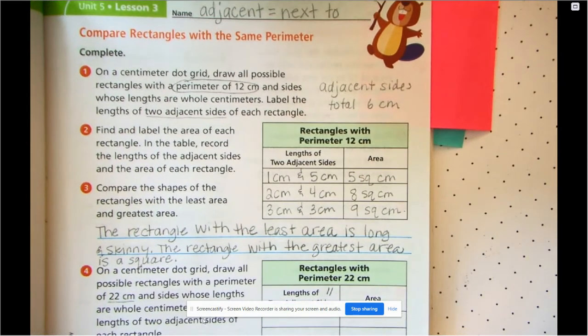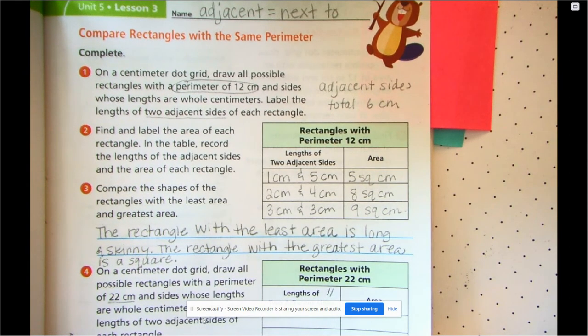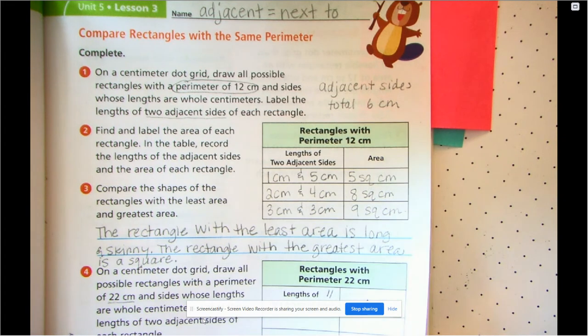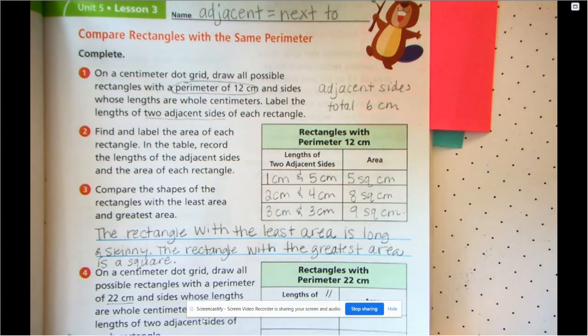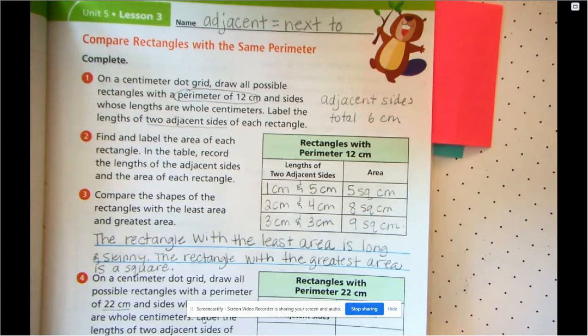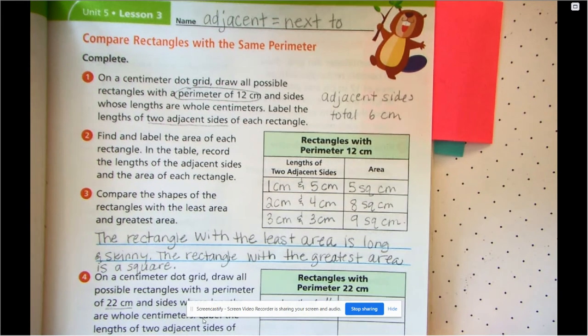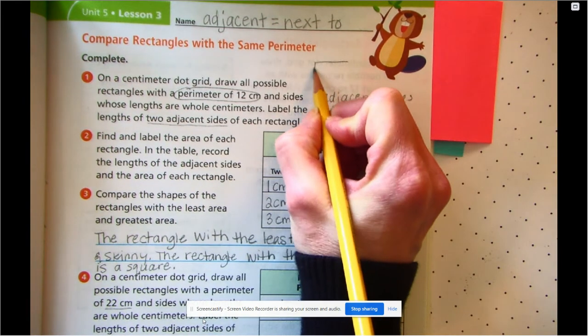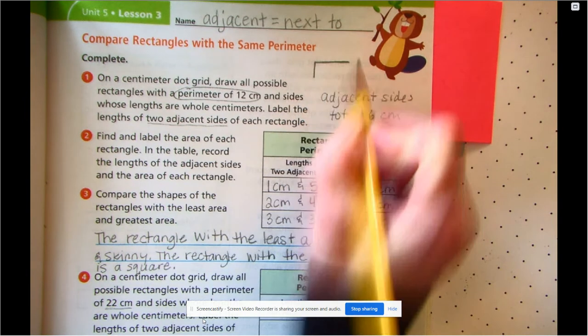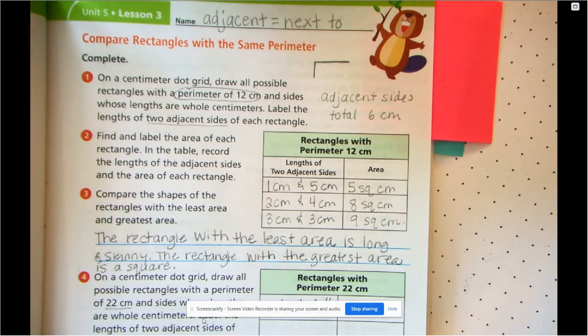And then we're going to flip to page 318 to finish our lesson for today. Remember, one of our key words is that word adjacent. That means next to. Those are the side lengths. These are adjacent lines. Okay, so let's look on page 317, or 318, excuse me.